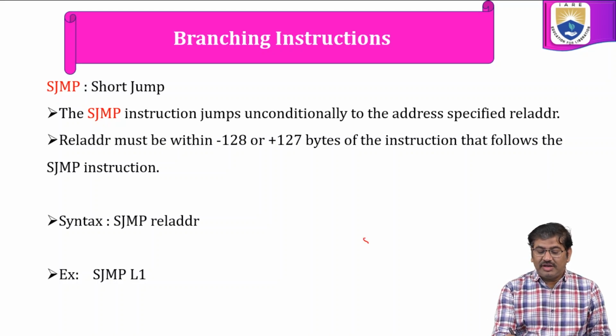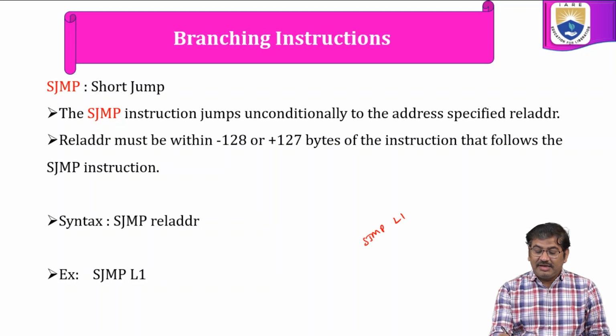So somewhere here we have SJMP L1 placed. Then this label L1 we can place in the upward direction, that means the previous instructions, with a displacement of up to minus 128 locations.